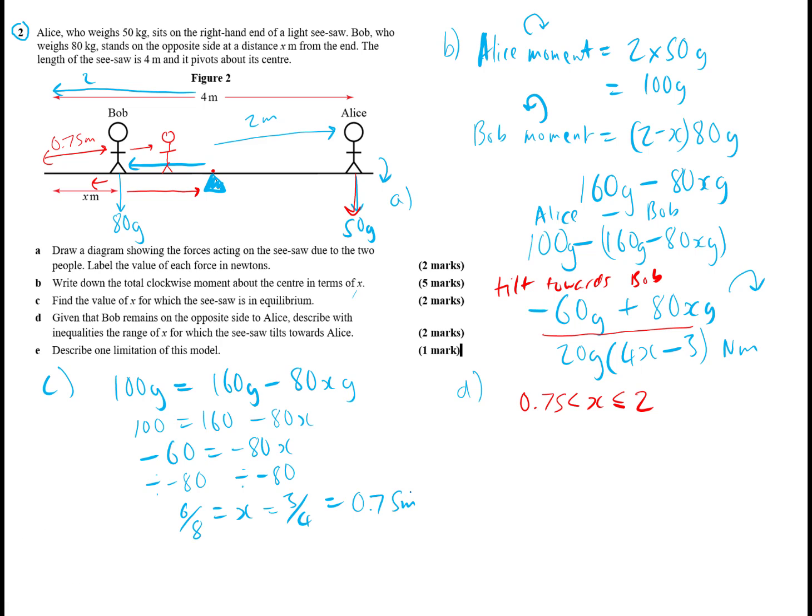E. What is one limitation of the model? You just need to write any valid one. The pivot is not a point. Seesaw could bend.